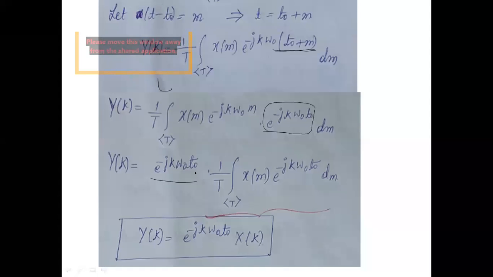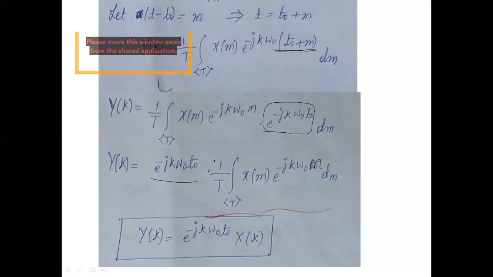What is remaining? 1 over t integral over a period t x of m into e raised to minus j k omega naught into m dm. So we have separated the terms: this I've taken out, and whichever is related to m I have kept inside.